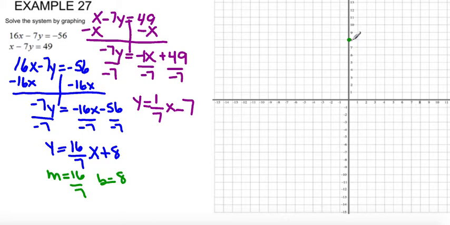Since I don't have much room at the top, instead of going up 16 to the right 7, I'm going to go down 16 to the left 7. And then we draw the line connecting the 2 points.